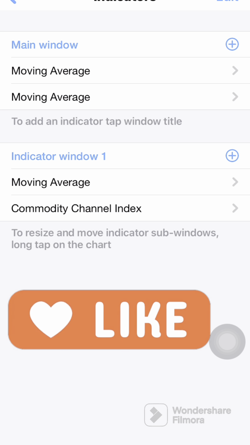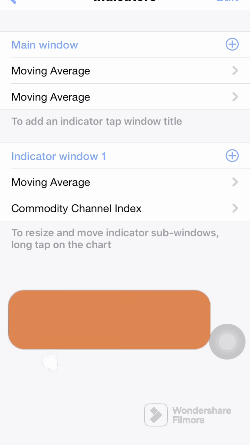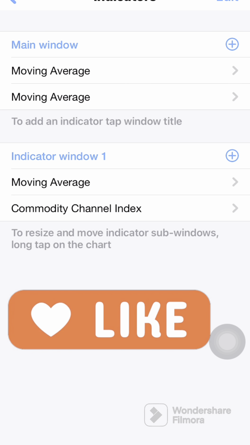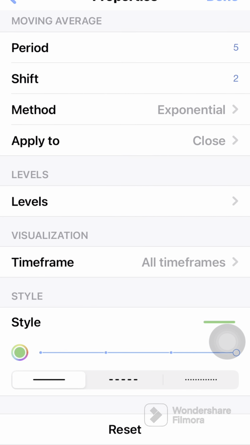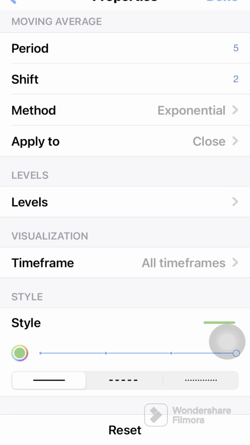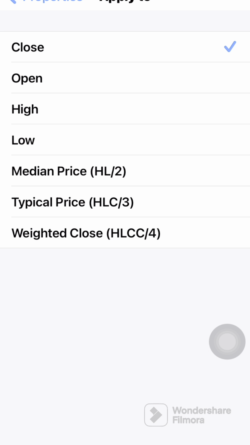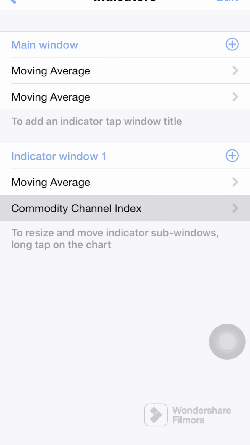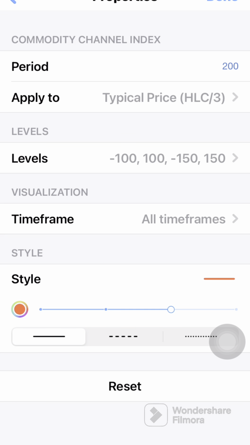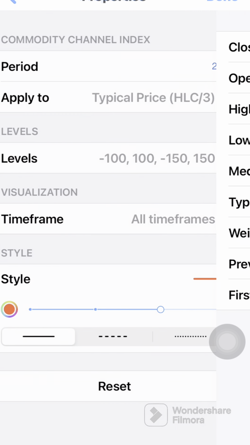In the window indicator, we have the first one, which is the moving average, and the second one, which is the Commodity Channel Index. The settings for the moving average: period 5, shift 2, method exponential, applied to weighted close HLCC/4, all time frames, style green. Then for the Commodity Channel Index, period 200, applied to typical price HLCC/4 weighted close.